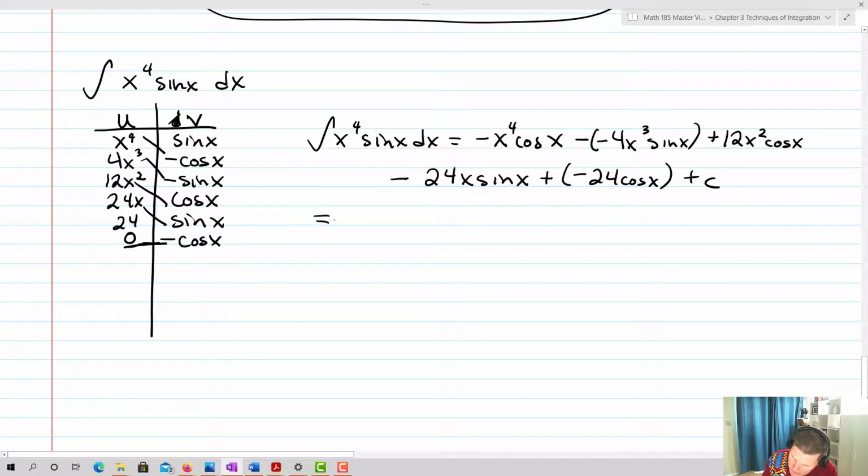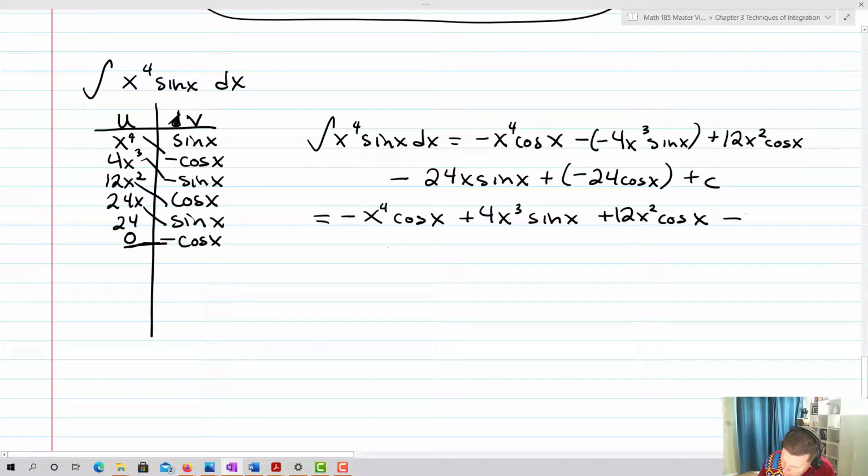We go in and simplify now. We end up with negative x to the 4th cosine x plus 4x cubed sine x plus 12x squared cosine x minus 24x sine x minus 24 cosine x plus c.